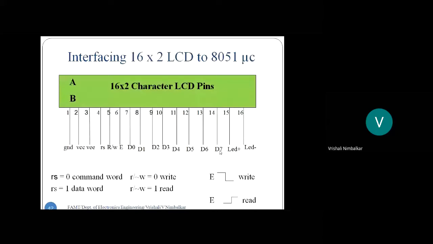ASCII code is always 8-bit, so we split that into upper nibble and lower nibble, 4-bit each, and place it on D4 to D7. So you have two options here: either use an 8-bit data bus or use the upper 4-bit data bus to the LCD.